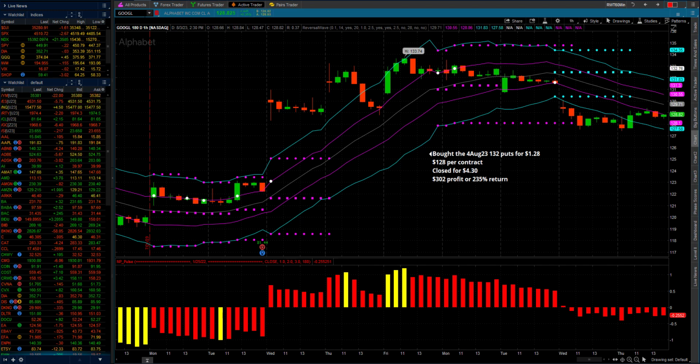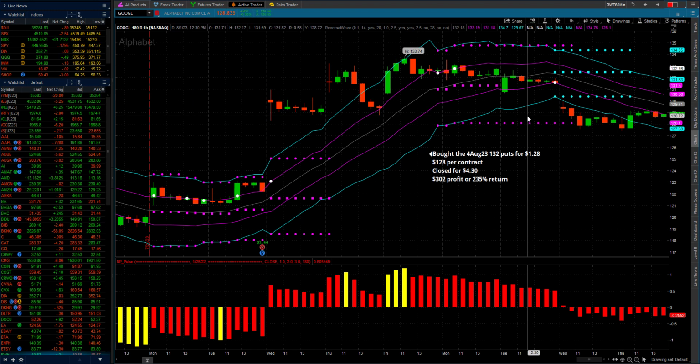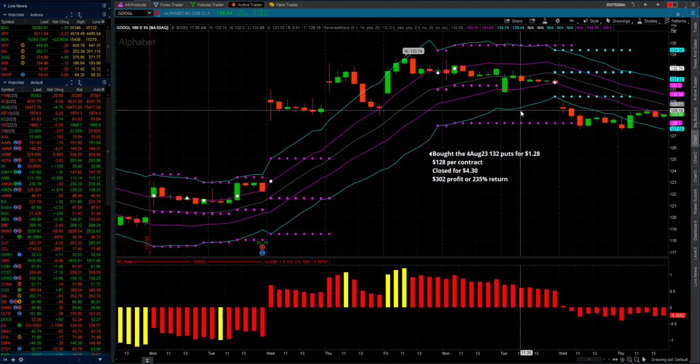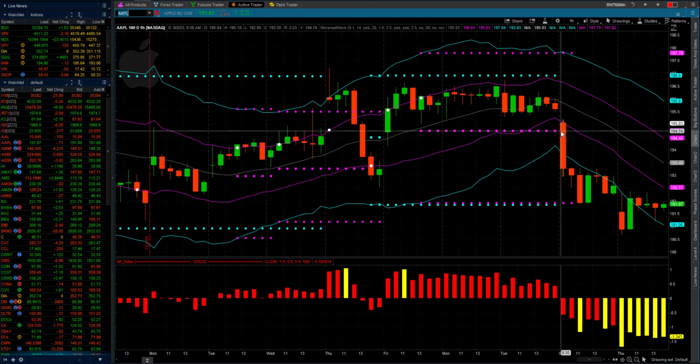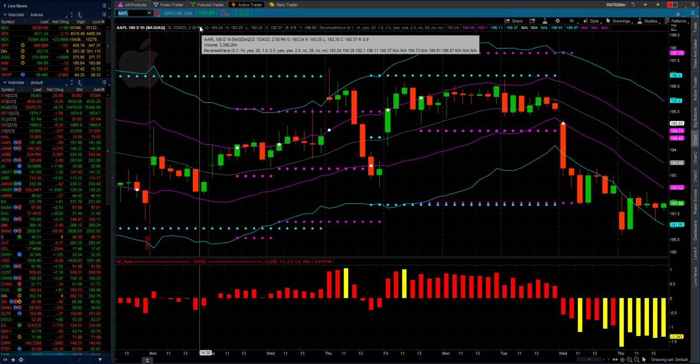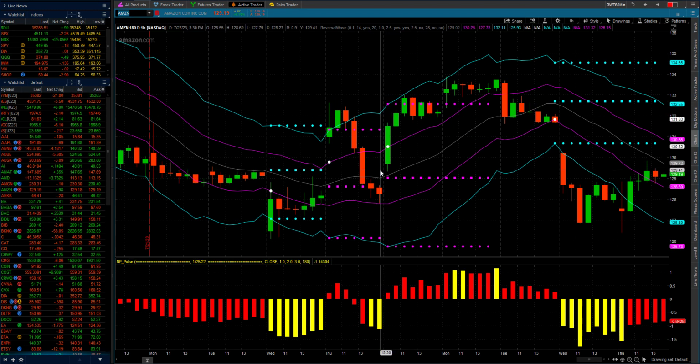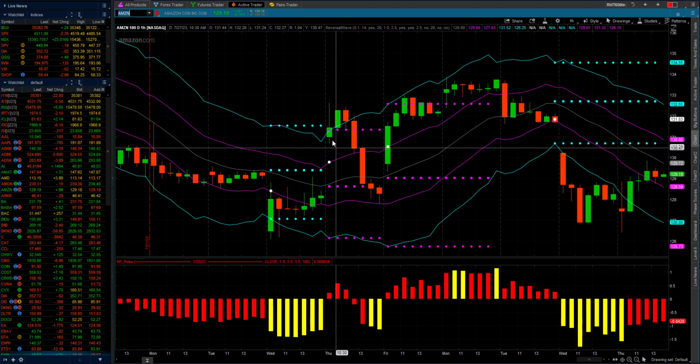So Google, okay, you can see really nice trade to the downside. I know it's very, very active long term. Apple, right? We did the system earlier in the week, really nice trade to the downside, really nice winner. Okay, we know that these markets are very active. Amazon, okay, you can see how active Amazon has been. We had a trade on the upside.